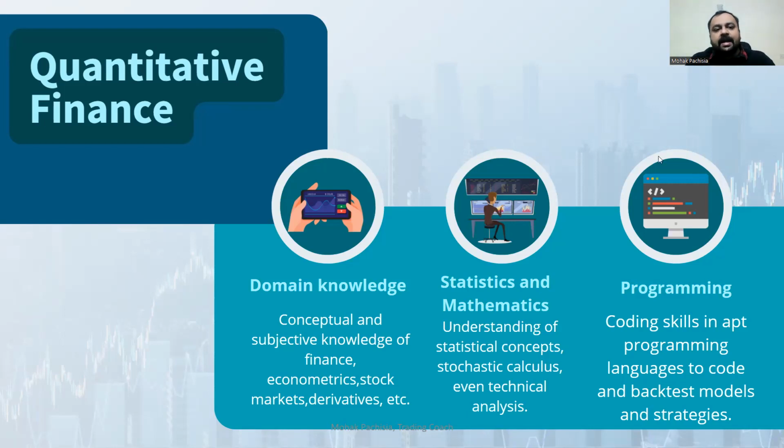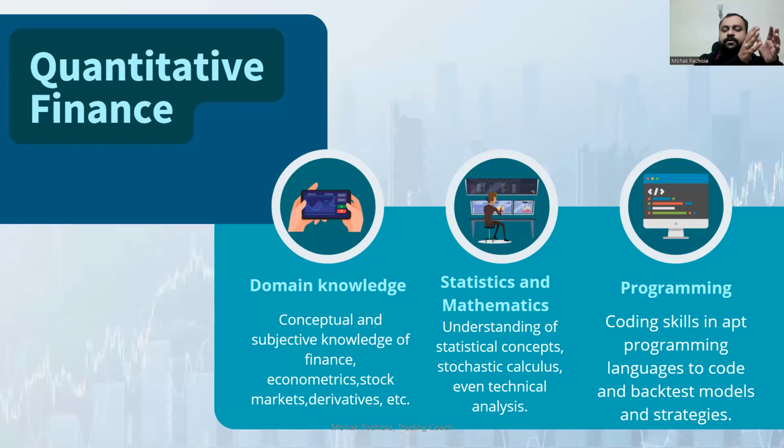If I am a high frequency trader, then I'll probably need more of statistics and mathematics. Slightly lesser market knowledge will do, but I'll need a very high level of statistics and mathematics and programming and the system architecture behind the programming.